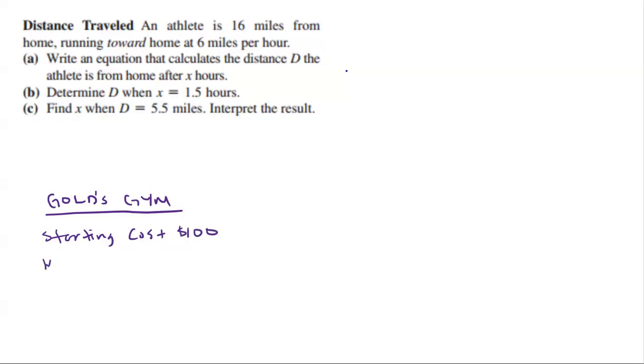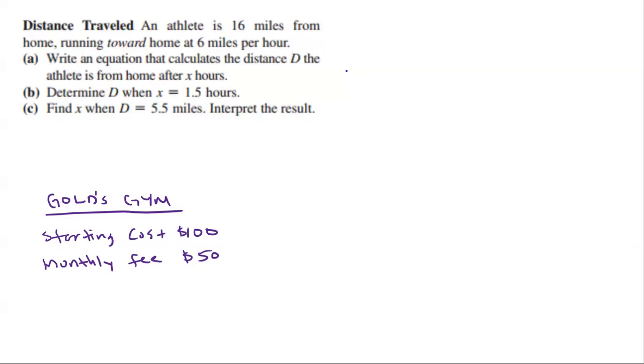And then you have a monthly fee of, say, $50 a month. So in order to join Gold's Gym, because everything's made out of gold, you have to pay a starting cost of $100, and then you have a monthly fee of $50.